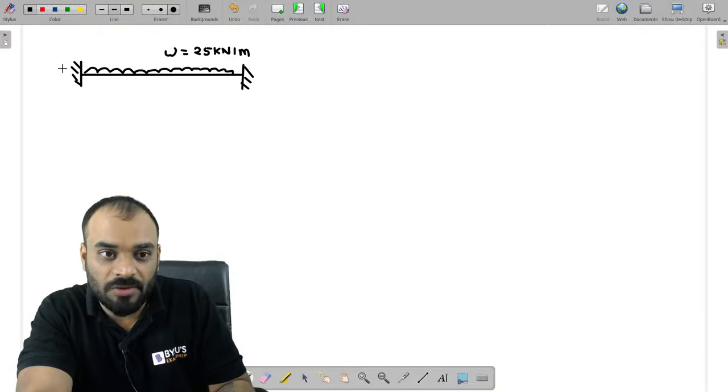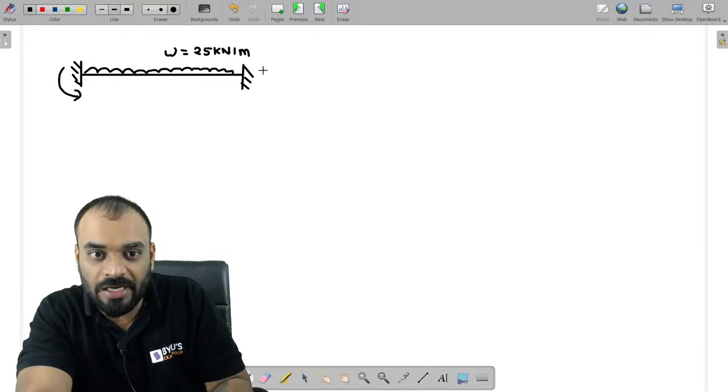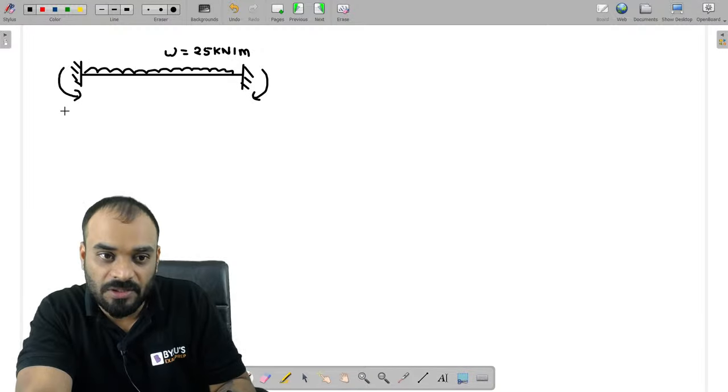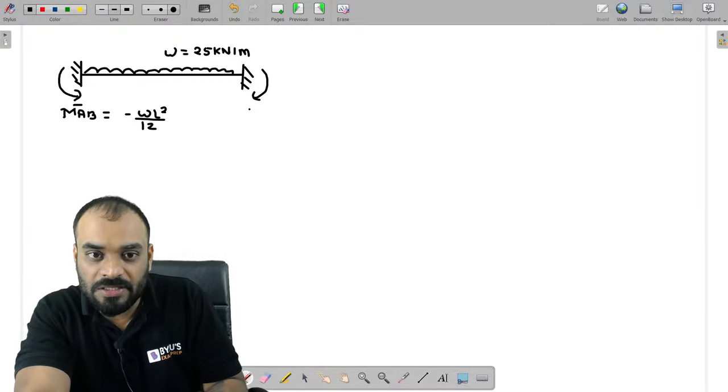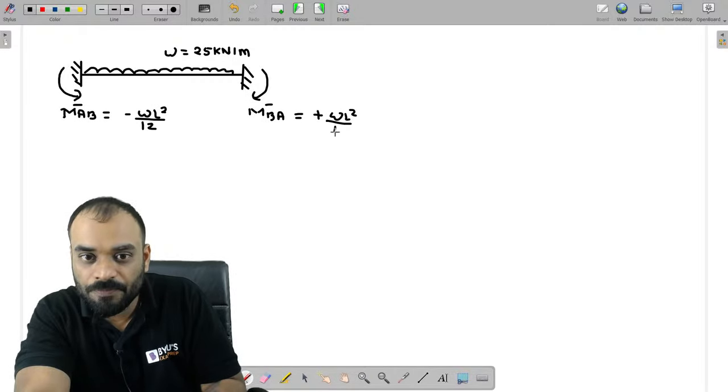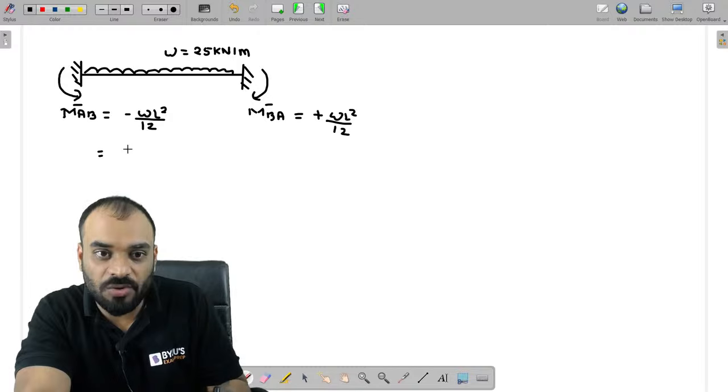Now, guys, what is the value of end moment? We need to calculate it first. So MAB bar is equal to minus WL square by 12, and MBA bar is plus WL square by 12. Now let's put the values. It is equal to 25 and the span length given to us is 8.